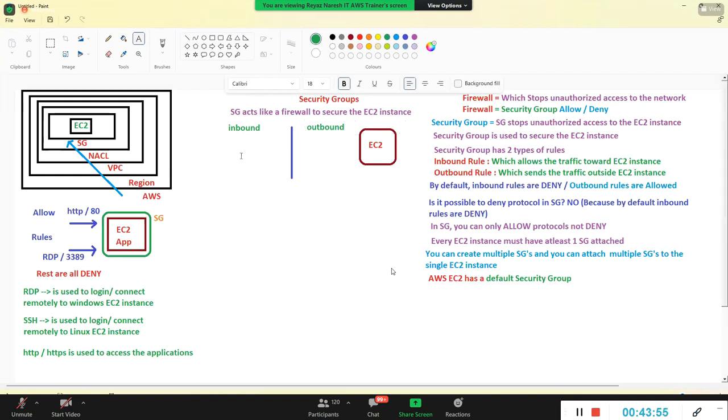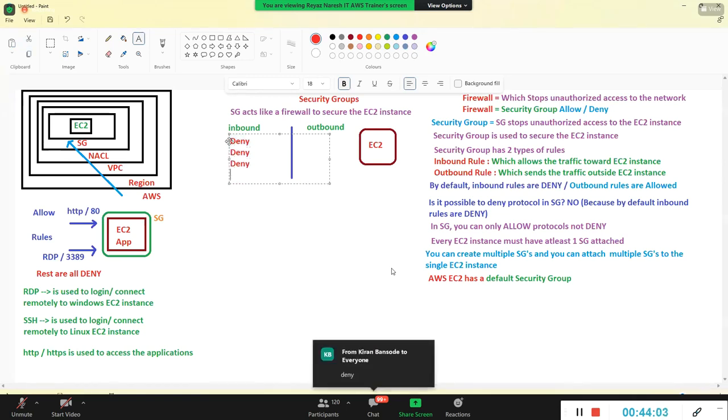All inbound rules are denied, whereas all outbound rules are allowed.